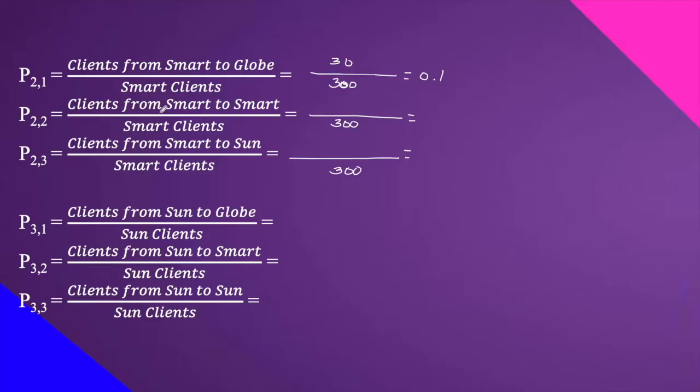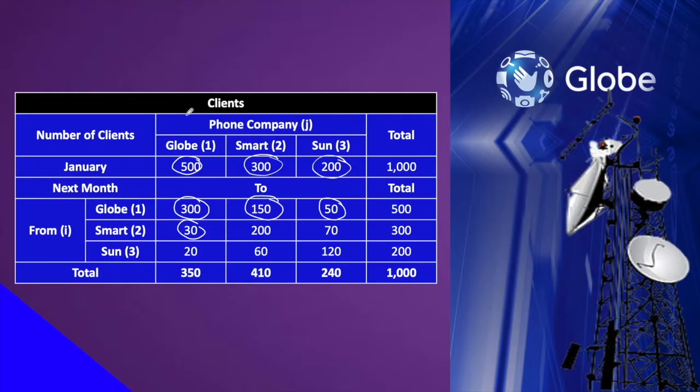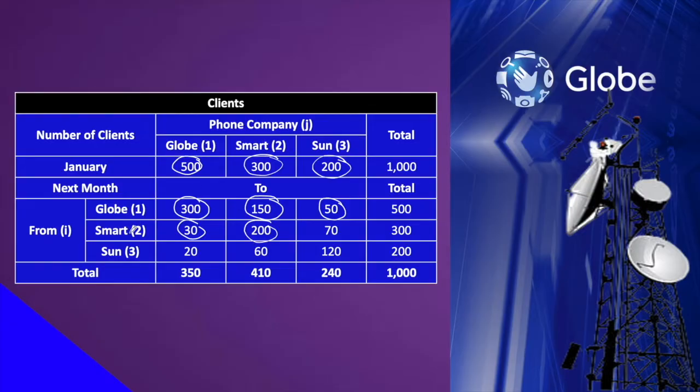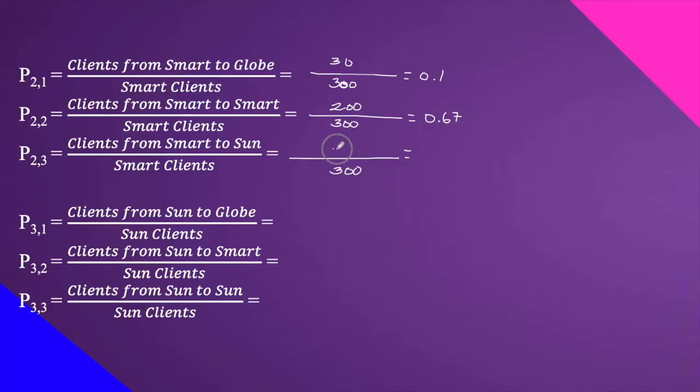Next, we have clients from Smart to Smart. Where is that? From Smart to Smart, that is 200. So, 200 divided by 300, that is 0.67. Next, clients from Smart to Sun. Smart to Sun, that is 70. So, 70 over 300.